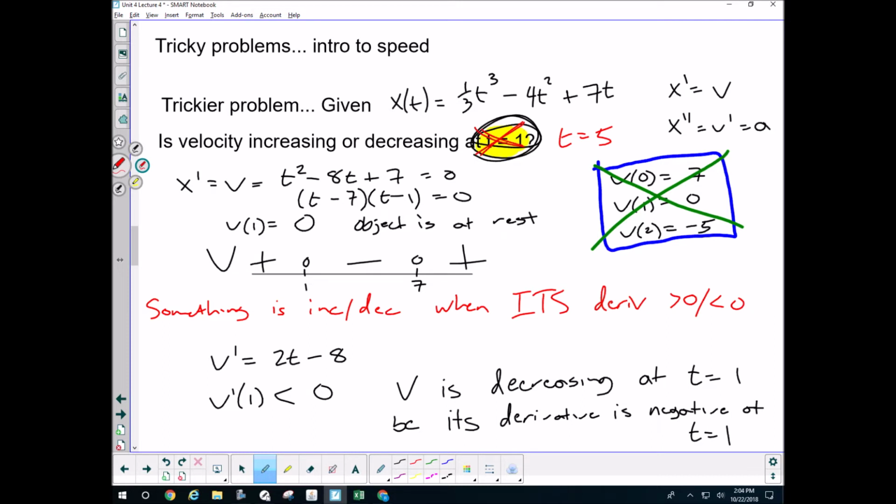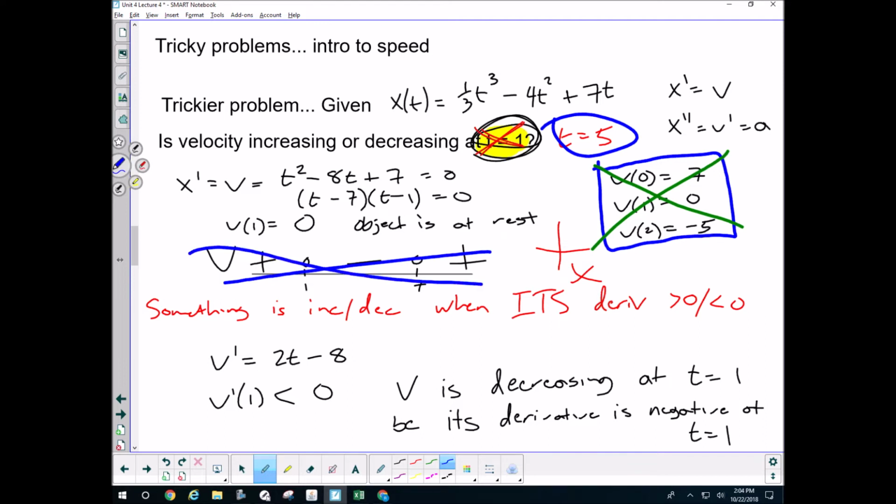Do you know if the values are going up or down at 5, looking at a sign analysis? You know that the values are negative, but are they negative and going down? Are they negative and coming up? This would not work at any other value besides a 0.